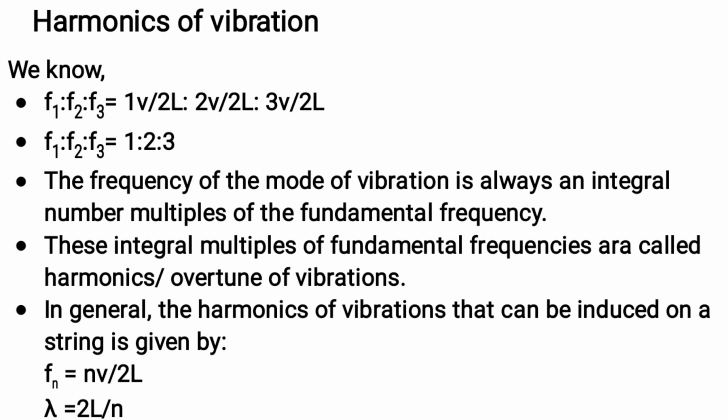These integral multiples of the fundamental frequency are called harmonics or overtones of vibration. In general, the harmonics of vibration that can be induced on a string is F n equal to n into v by 2L, and lambda is equal to 2L by n.